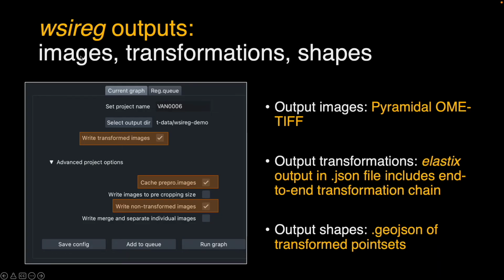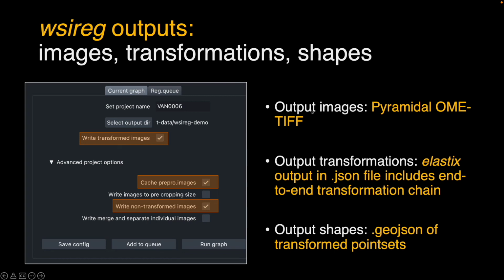Now that I've demoed all of the types of layers, images, and elements of the wsireg graph, we can discuss a little bit about the outputs. After wsireg is run, what is returned from that? Images, transformations, and shapes are all returned.